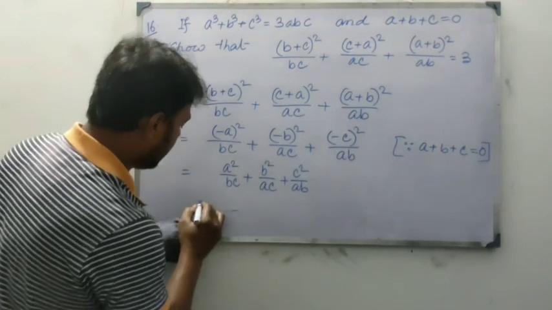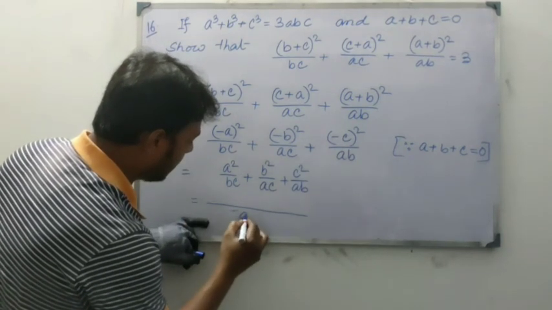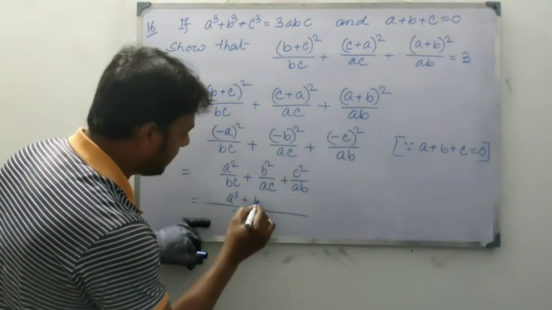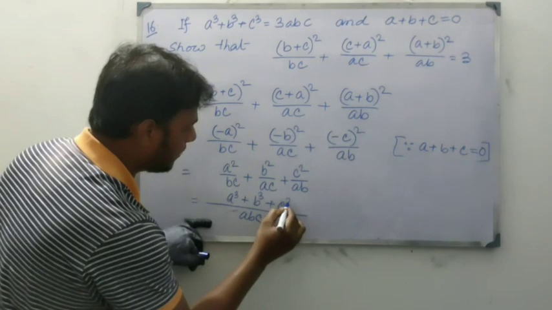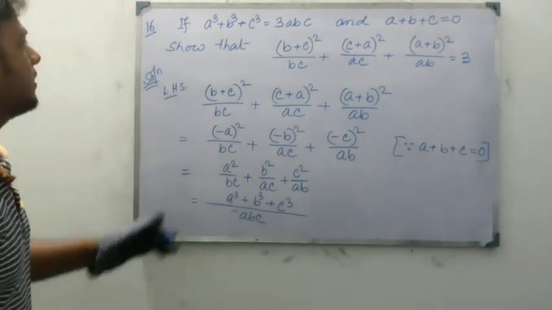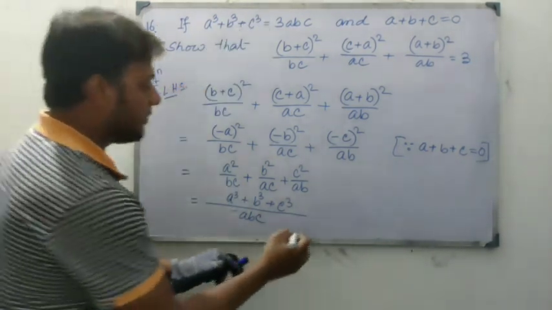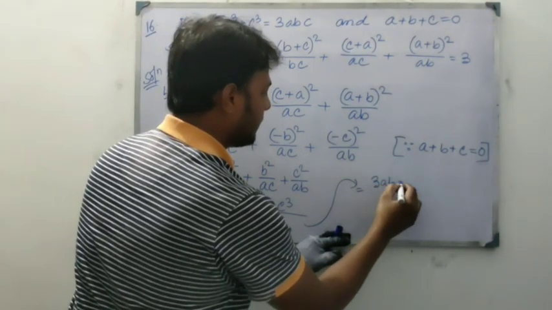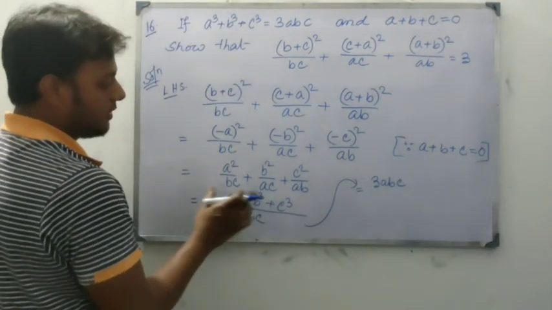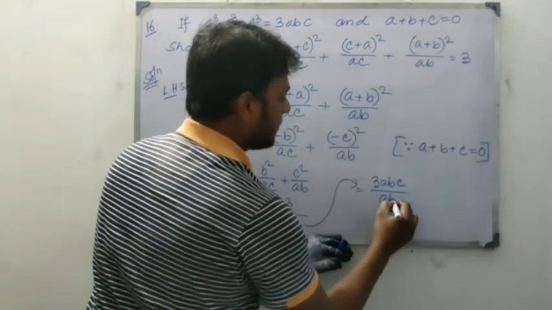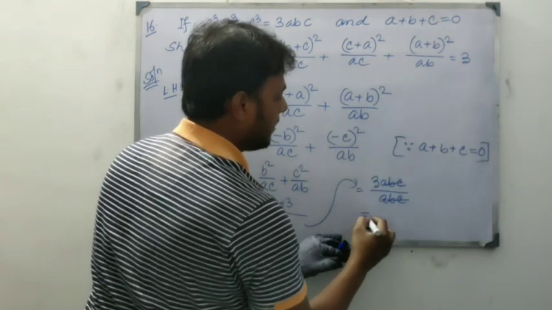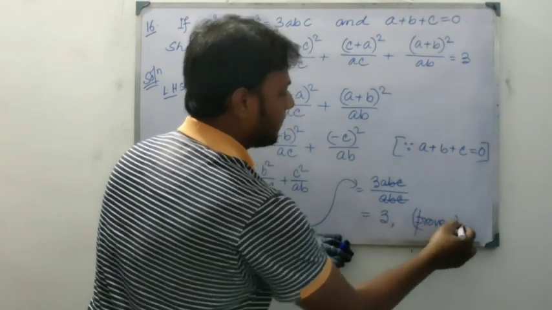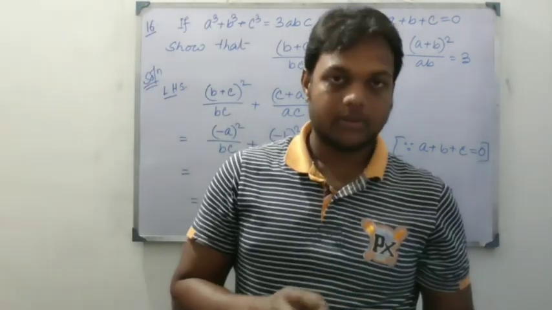Now take the LCM, which will be abc. So it becomes a cube, b cube and c cube. Now put the value of a cube plus b cube plus c cube, which means 3abc, in the numerator, and abc in the denominator. So abc cancels out, and the answer is 3. This completes the proof. Hope you understand. This completes the chapter.